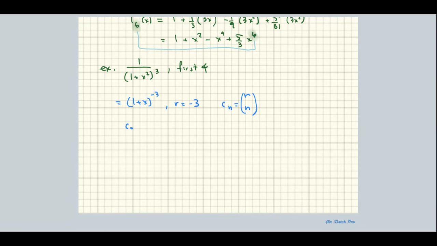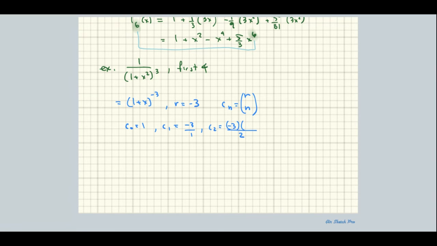C0 is 1, always. C1 is negative 3 over 1, yeah? C2 is negative 3 times, it's 1 less than negative 3.